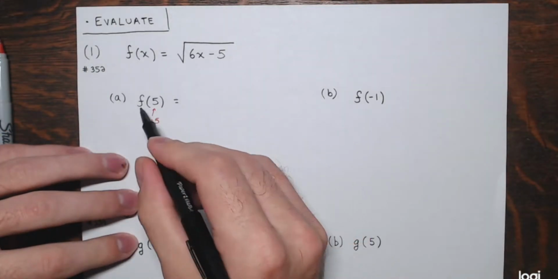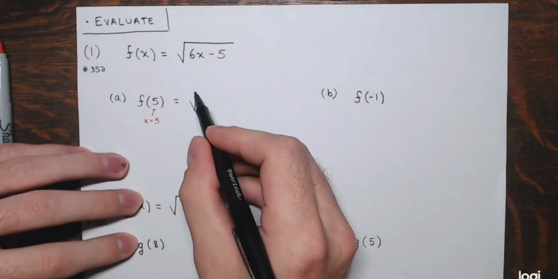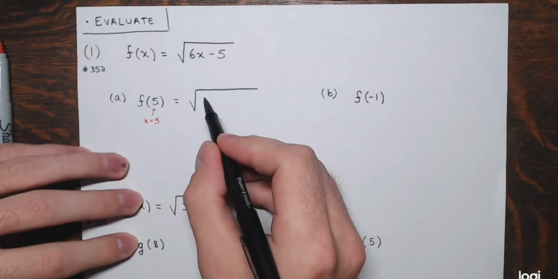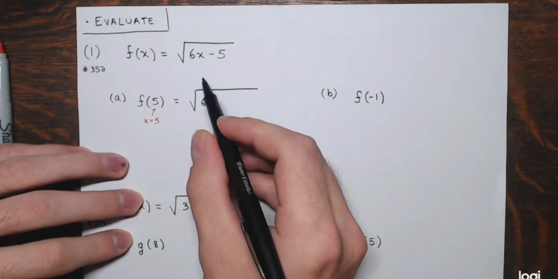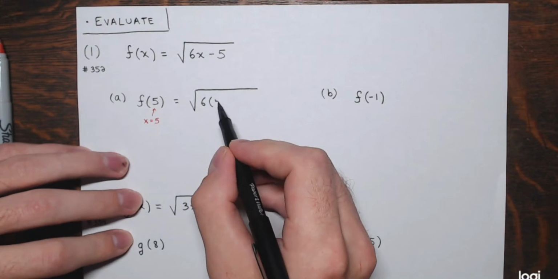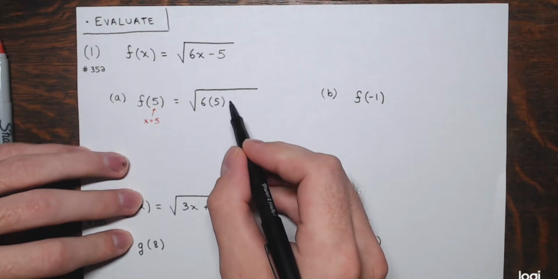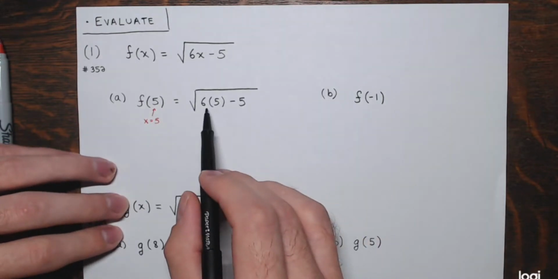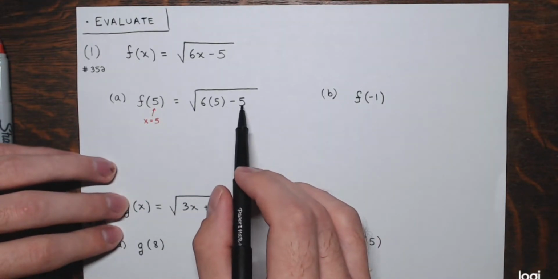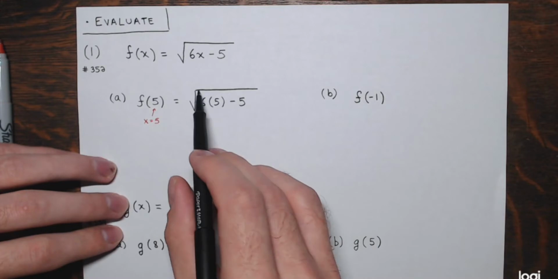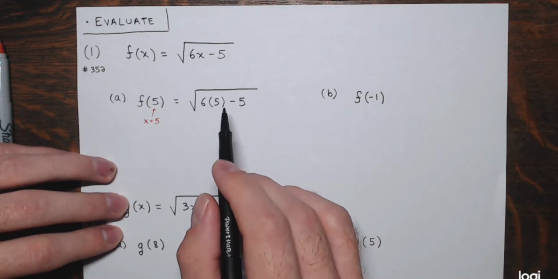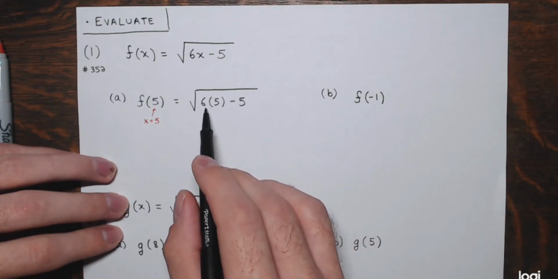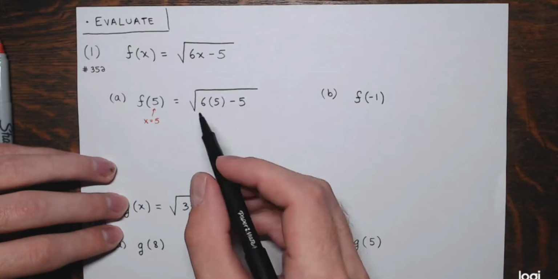So f of 5 would be the square root of 6 times 5, right, replacing x, minus 5. Alright, now evaluate, simplify the radicand first, right? It's all underneath this square root symbol. 6 times 5 is 30. 30 minus 5 is 25, right?